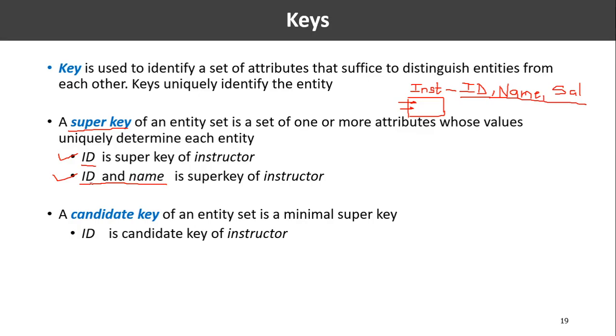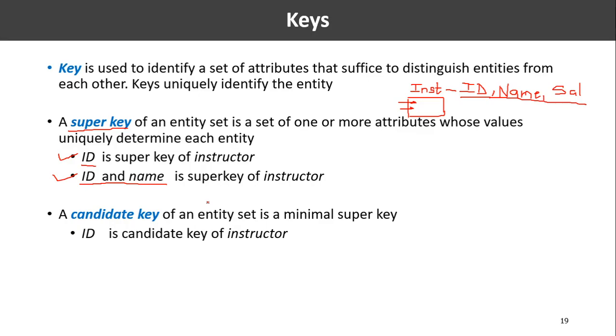If I consider the combination ID and name, which is a super key, whether it is possible for me to find out any proper subset of this super key, and that is also distinguishing two entities in my entity set.